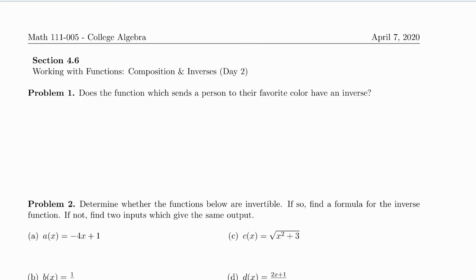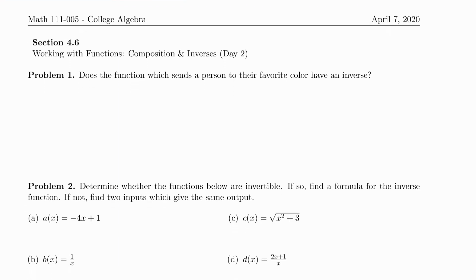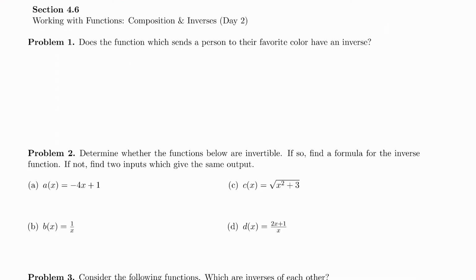Does the function which sends a person to their favorite color have an inverse? This is just a yes or no question. So let's do an example. This example is going to involve me, Gogo, and Momo.